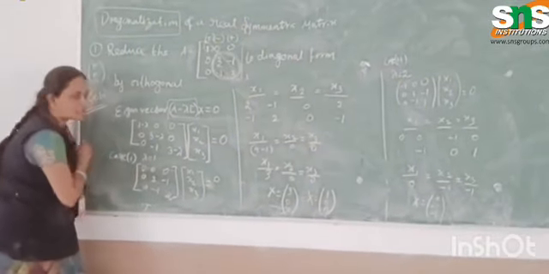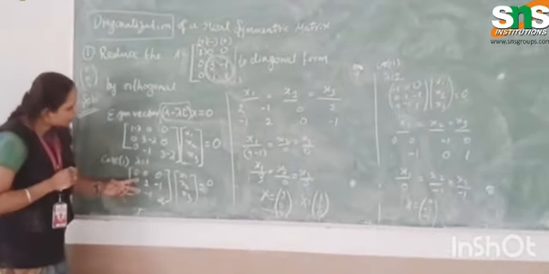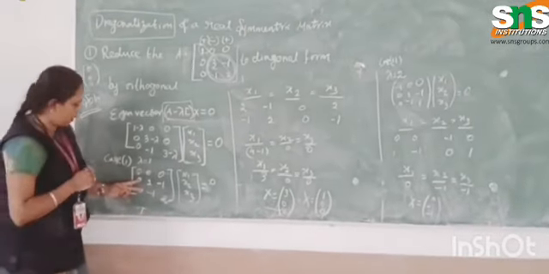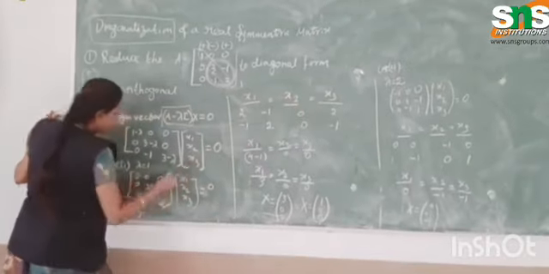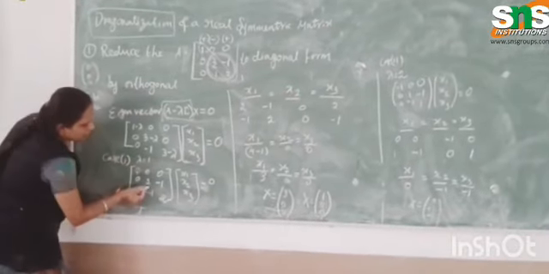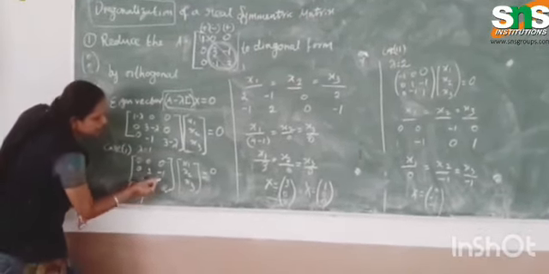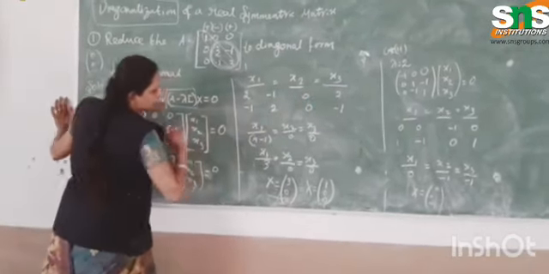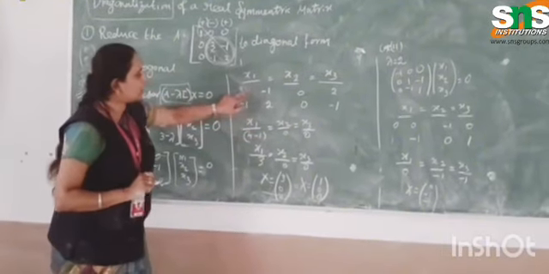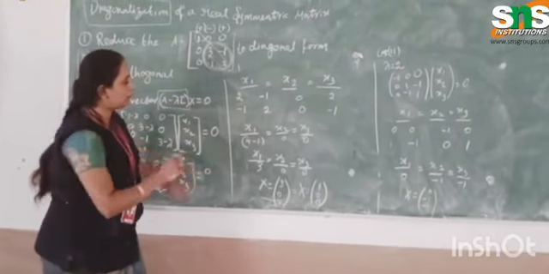So we consider the other two rows and use cross multiplication with the determinant form.